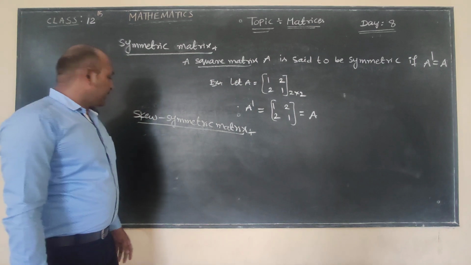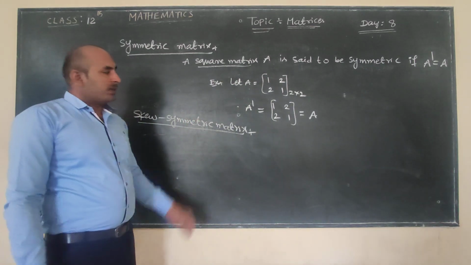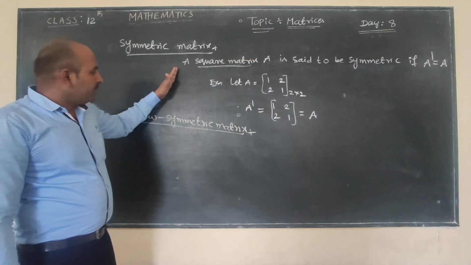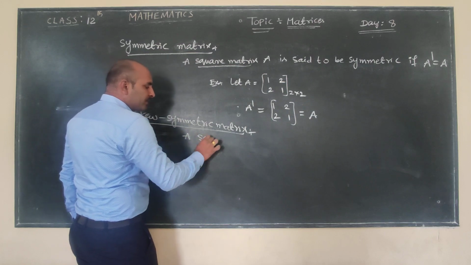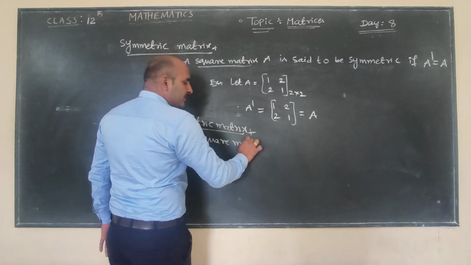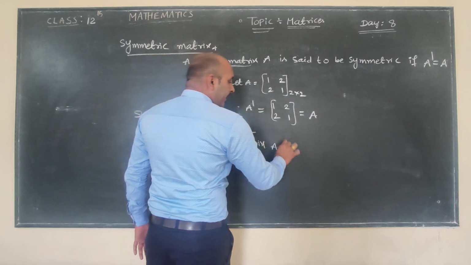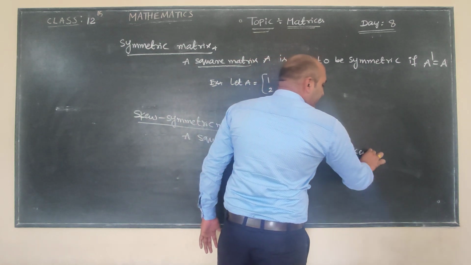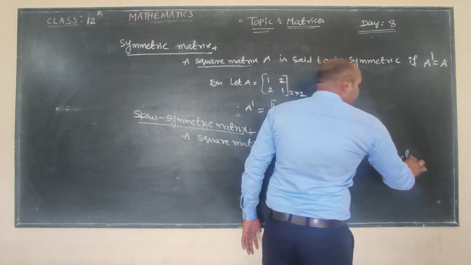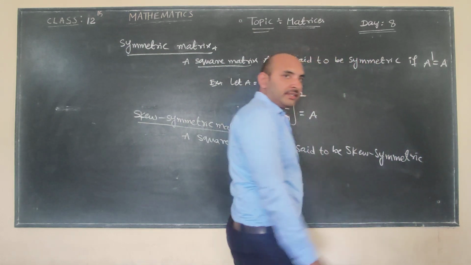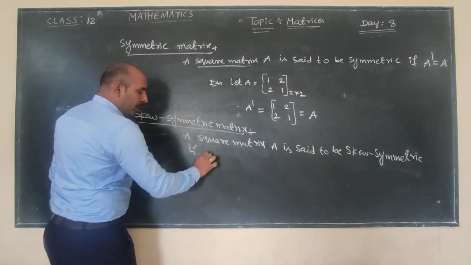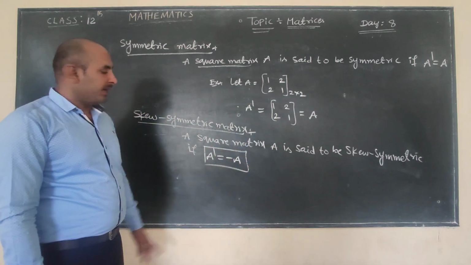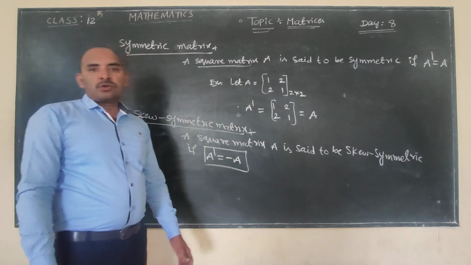Now coming to the next concept, skew symmetric matrix. Same procedure, there is only a small difference. First of all, you should take square matrices. A square matrix, capital A, is said to be a skew symmetric matrix if the condition A transpose is equal to minus A. That is called a skew symmetric matrix.